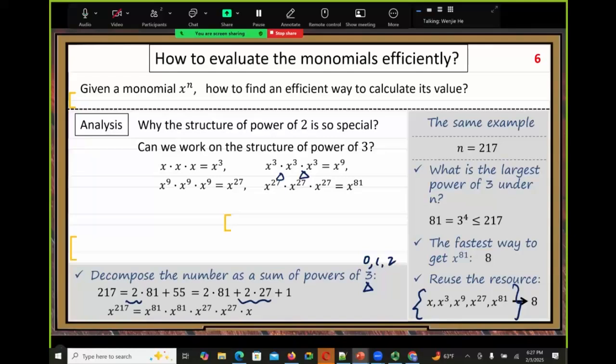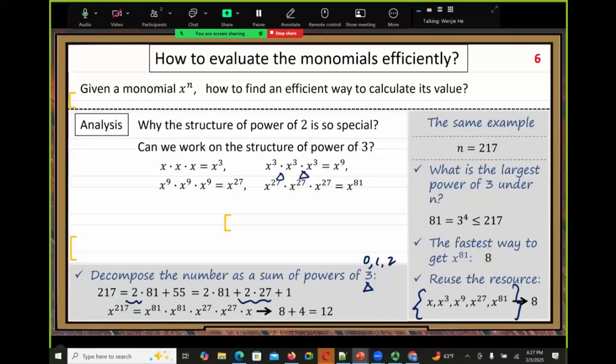Now, x to the 81st times x to the 81st. 2 copies. So multiply x to the 27th, 2 copies. So you have 1, 2, 3, 4 dots, and this time your total multiplication is 8 plus 4, 12. 12 is 1 more than 11.